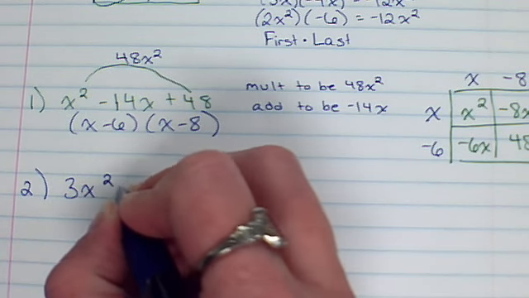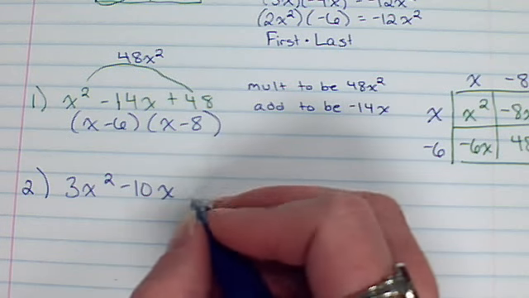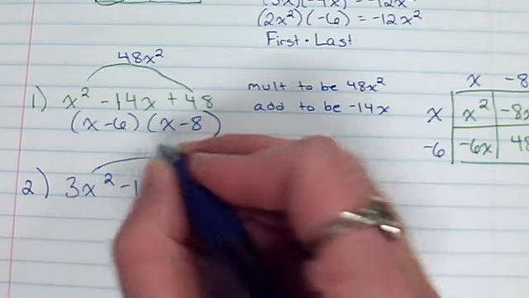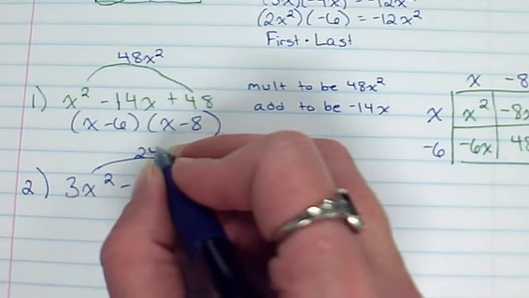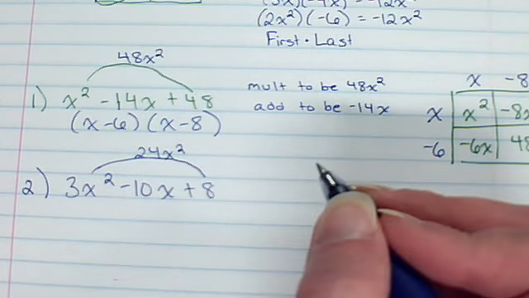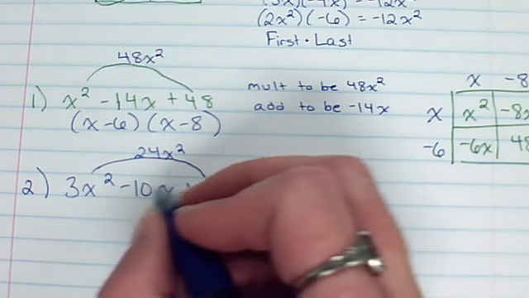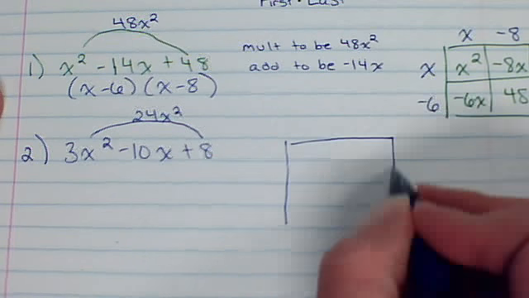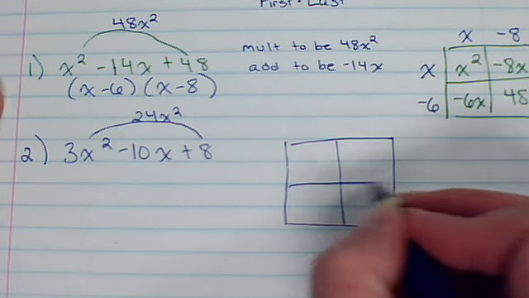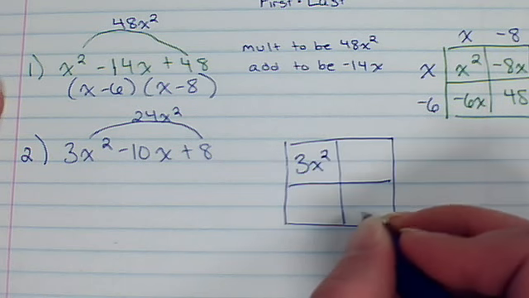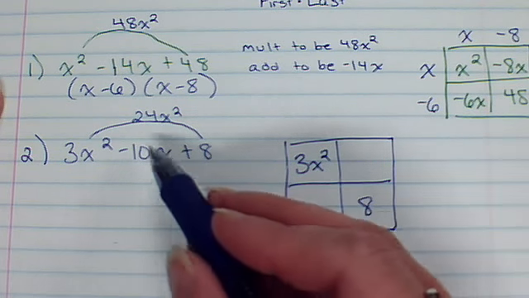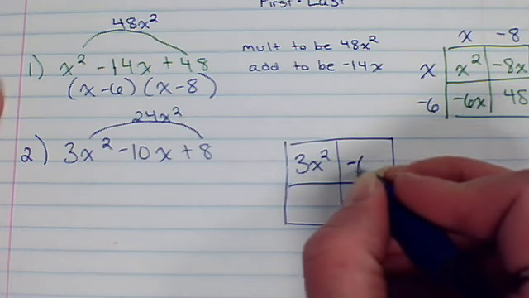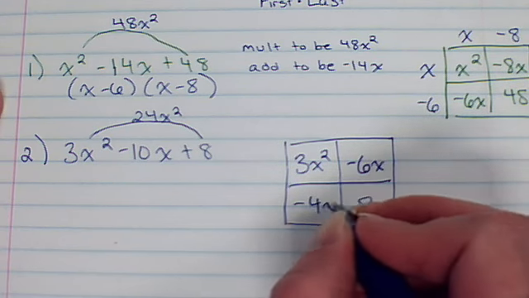It even works on our special factors and things like that. So let's say I had 3x squared minus 10x plus 8. These two multiply together to give me that 24x squared. What multiplies to be 24x squared but adds to be negative 10x? The first term goes here, last term goes here. That's negative 6x and negative 4x.